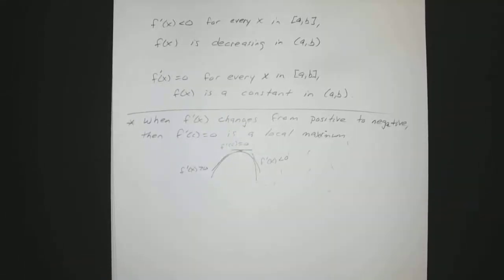So that's your f prime of c equal to 0, and that would be your maximum. Doesn't necessarily mean it's your absolute maximum, because the graph could go higher and lower in other places. But just between that interval, it's your local maximum.